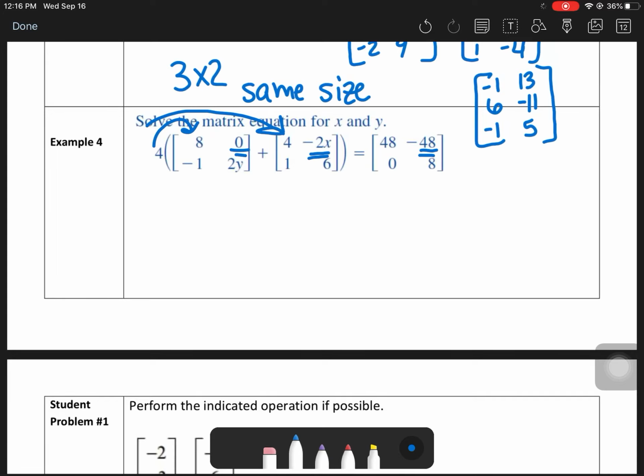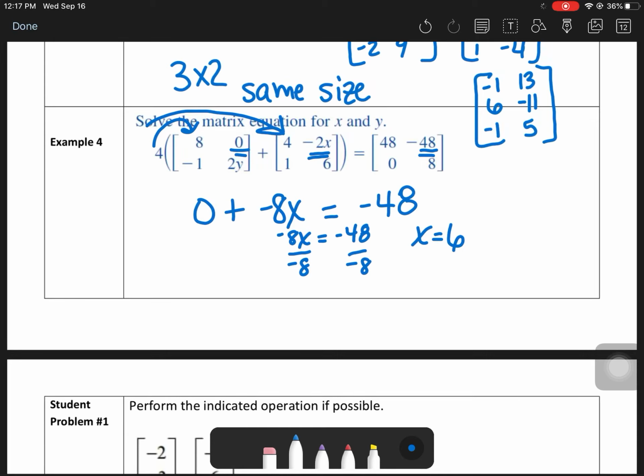So 4 times 0 would be 0, plus 4 times -2 would be -8x, and that's going to equal -48. I'm only doing the part that's in the upper right-hand corner. Once I do that, I can solve the equation by dividing both sides by -8. And so x is equal to 6.